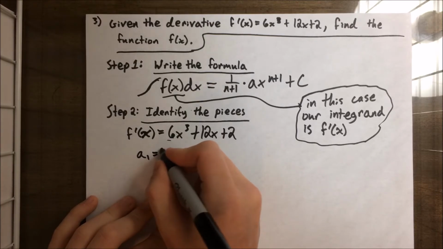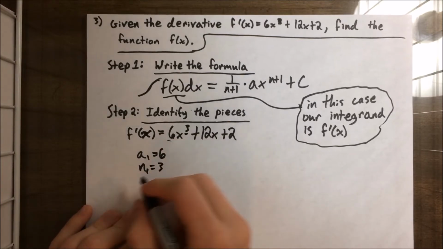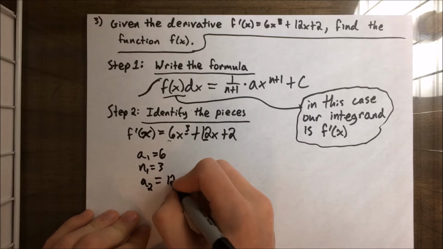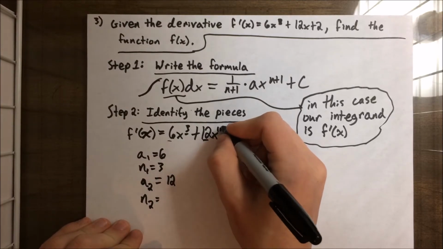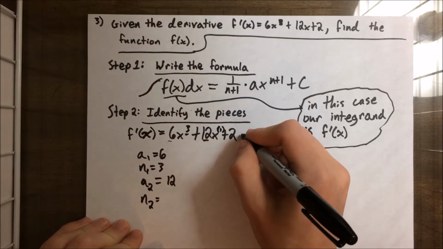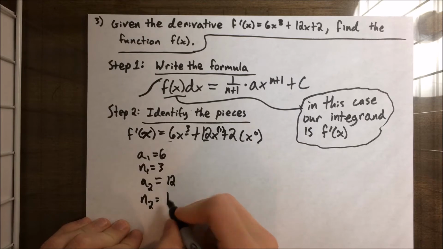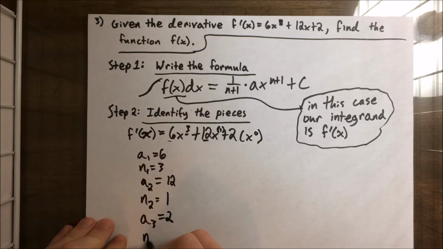So a1 is equal to 6, n1 is equal to 3, a2 is 12, n2 is 1, and then x to the 0 right there. So n2 is 1, a3 is equal to 2, and n3 is equal to 0.